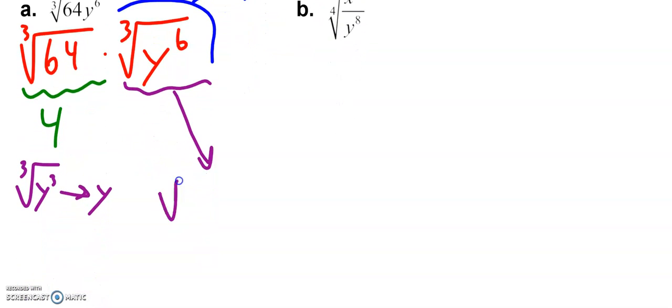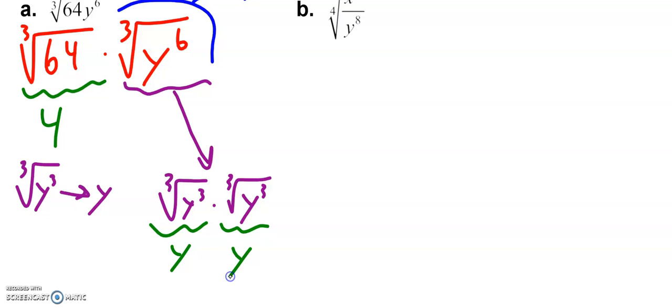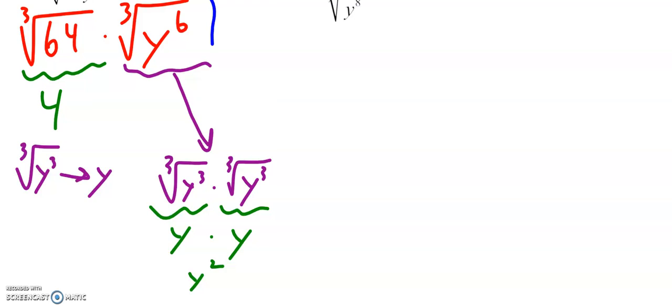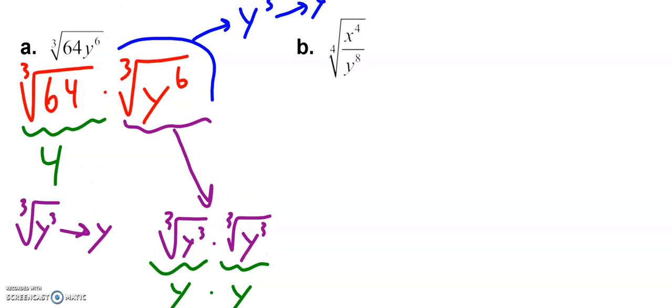So I can think of this as the cube root of y cubed times the cube root of y cubed, because y cubed times y cubed is y to the sixth. And I know each of these, this is y, and this is y times y gives me y squared. So again, going back to my answer here, it's going to be 4y squared.